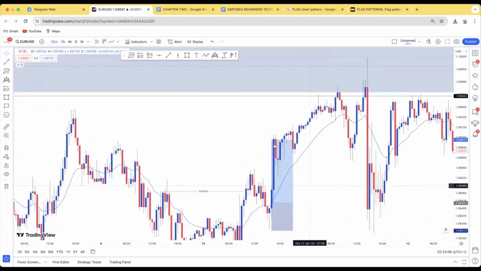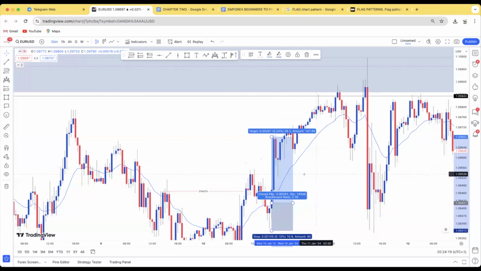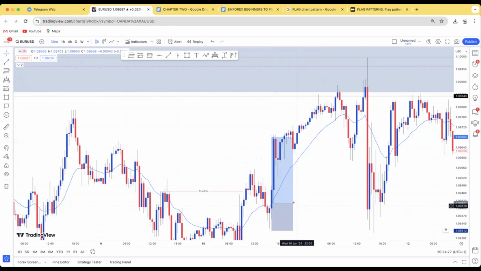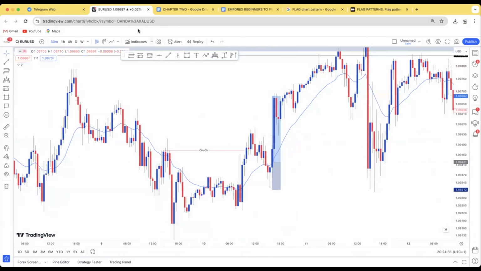Though the trade actually gave us more than a 1:2, it gave us a 1:5 here. But if you are looking for a 1:2 and you throw your stop loss, you have a good trade running. The funny fact here is that this trade took about 1 hour to get to your TP at 1:2. So these are the ways we get high probability setups in the forex market.